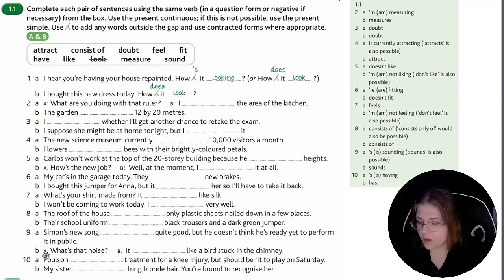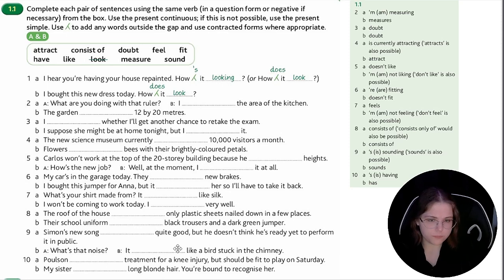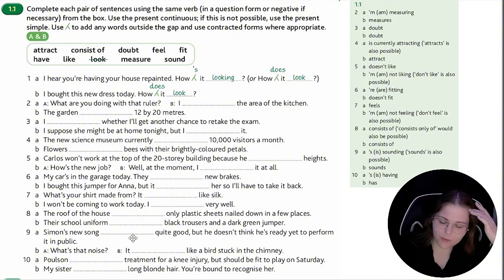Then, what's that noise? It sounds like a bird stuck in the chimney. We can't use "sound" in the continuous here. Well, we can, we have just done this, but not in this context. "It sounds like a bird stuck in the chimney."